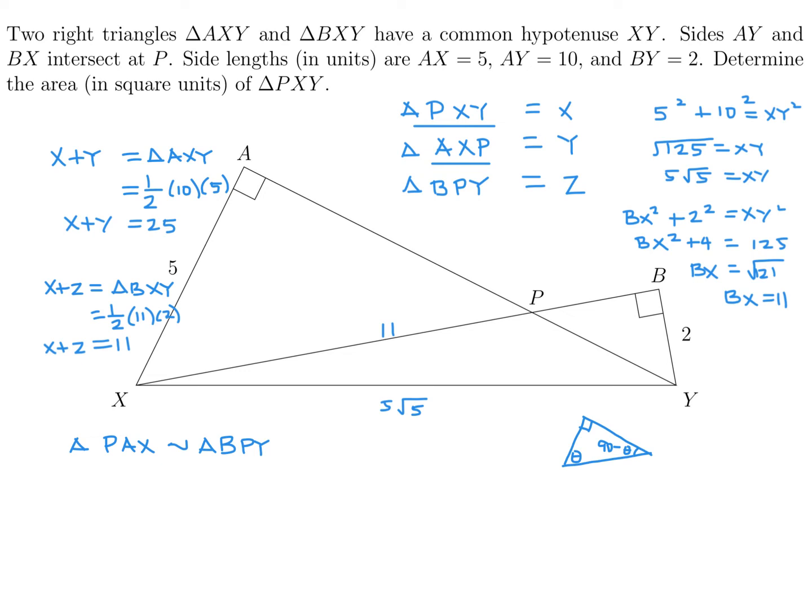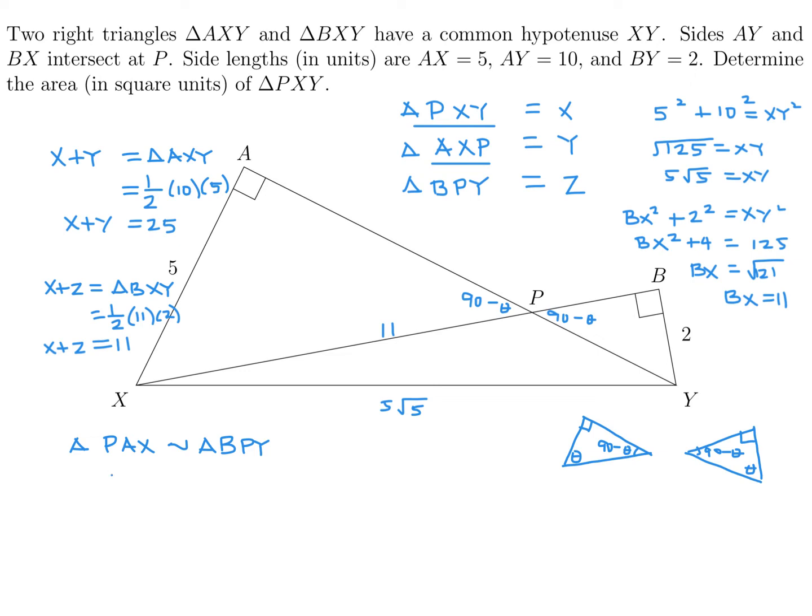And then BPY is sort of like this, where this is 90. And because this is 90 minus theta, this will be 90 minus theta, right? Opposite angles. So that angle in there is 90 minus theta, and therefore this is theta. So they have the same angles. Because they have the same angles, that's why they're similar.